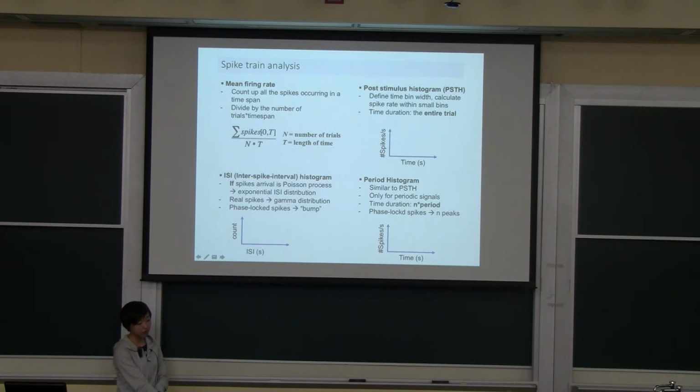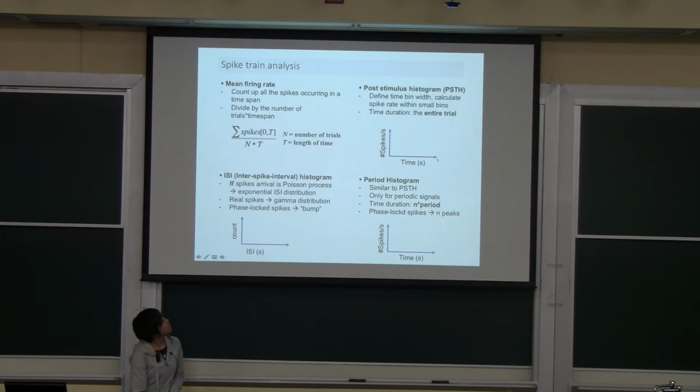That just gives you one number. The second one is called PSTH. You need to make sure you're clear what the x-axis and the y-axis should be for all these histograms. For PSTH, the y-axis should be number of spikes per second or millisecond, and the x-axis is just the time.